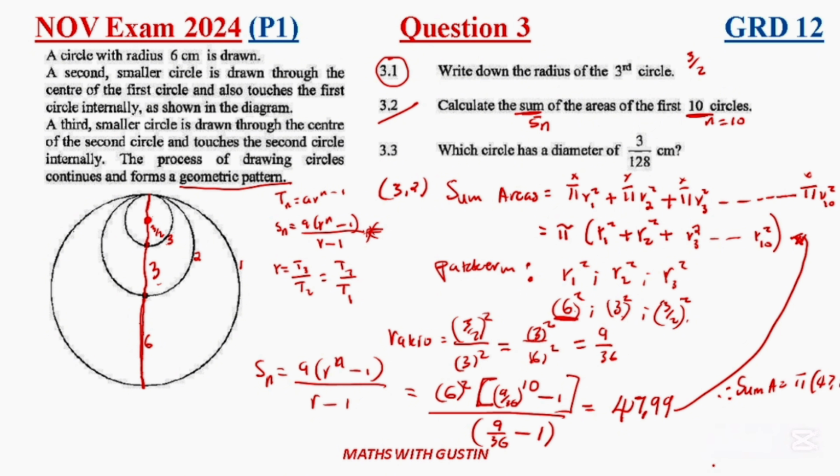So that will be our answer, guys. But we're not done. Remember this is given in centimeters. So we can say the answer will be pi times 48 centimeter squared. If you don't put centimeter squared, you're going to lose a mark or half a mark.